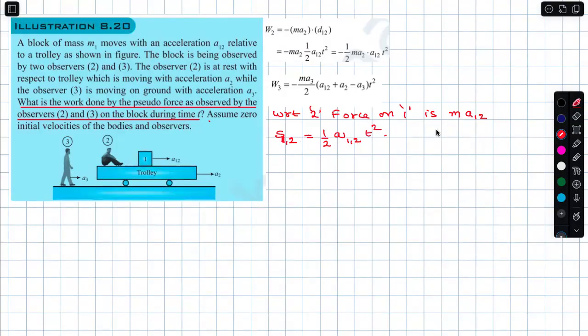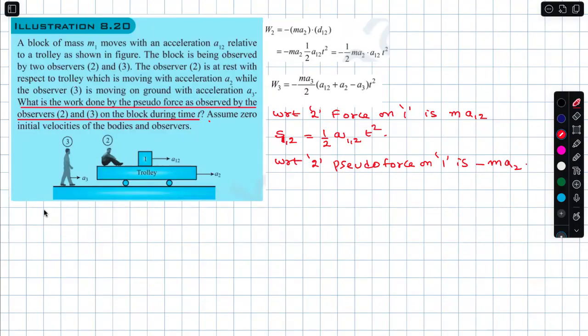With respect to 2, the pseudo force on 1 is minus m a2. Now I'm getting into the question. What is the work done by the pseudo force as observed by 2 and 3?